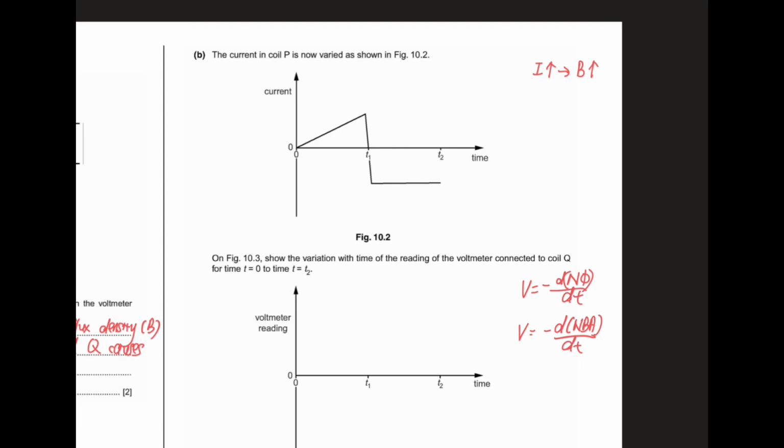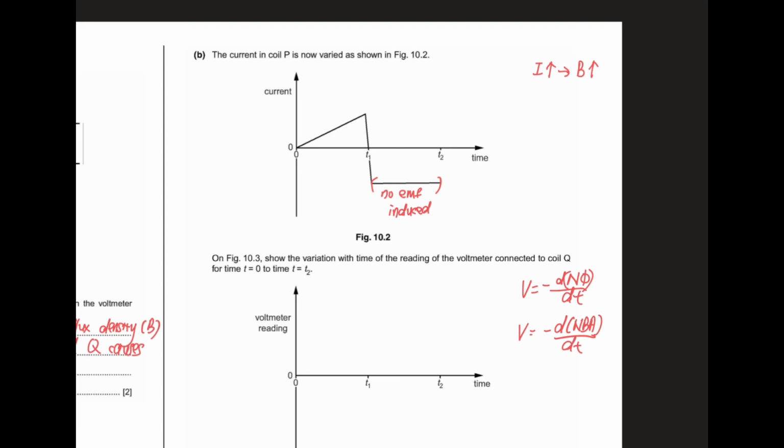Here is a change in magnetic flux density also, then EMF is induced. Here there is no change in current, then there is no change in magnetic flux density. So when there's no change in magnetic flux density, no EMF is induced. Okay, so only here and here.